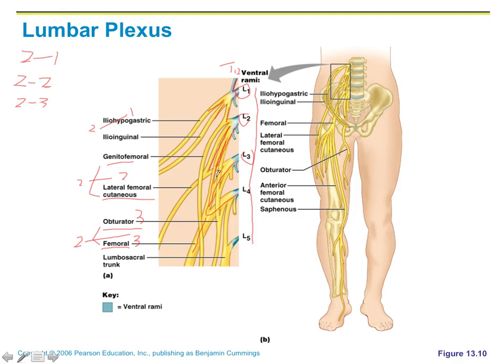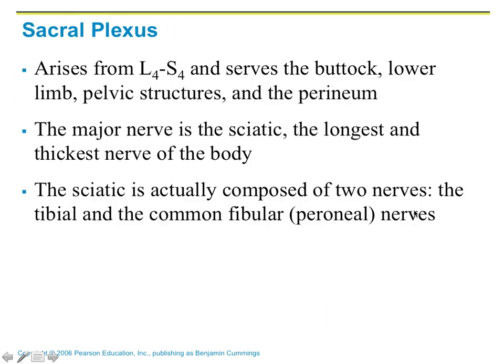So this is a sample, right? So I hope that will help you guys memorize the lumbar plexus. So this one is also very, very important. Okay. So please use this trick that I have mentioned to memorize. Okay.